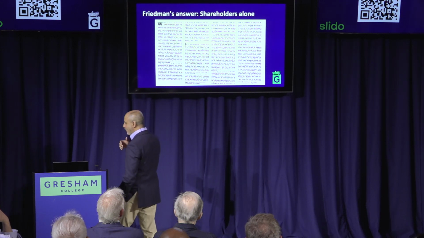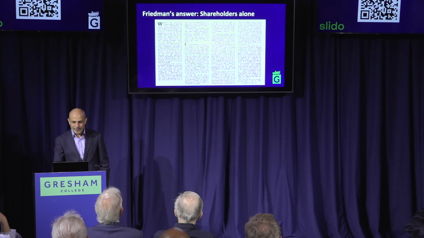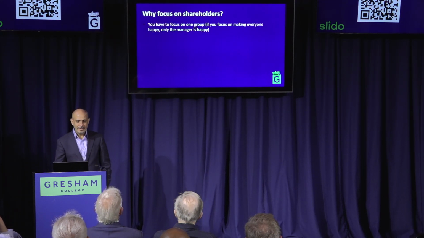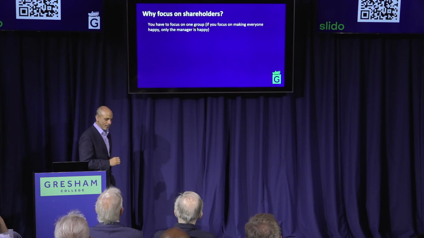But he didn't answer the question of why the owners of the business are shareholders. Why not the workers? They work for the company, so why don't they own the company? Well, if you think about it, one interesting answer is you have to focus on one group. What Friedman says is, if you have a question that says, run the firm in the interests of everybody, what's the manager going to do?